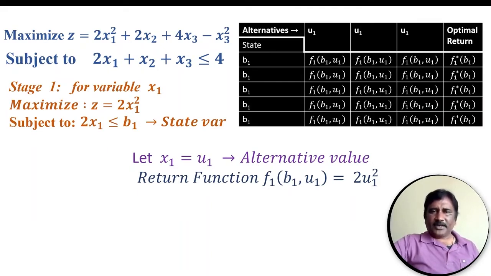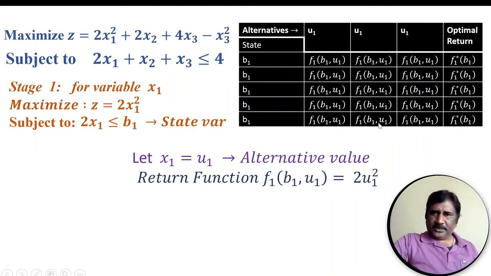Now, for making you understand the things in a better way, recall the tabular approach in which you have the alternatives written in this row, and states written in this column, right? States in this column are indicated by b1. In this column there will be different values of the state, and in this row there will be different values indicating various alternatives.